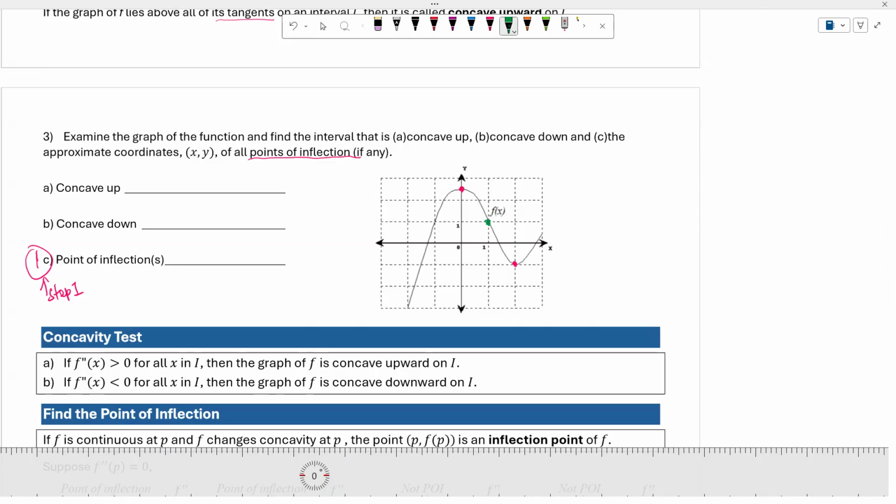Then, of course, in this case right here, we found out that the inflection point is at the location (1, 1). Now remember, this is the point that we have. And then I would like to find the intervals where the function is concave up or concave down.